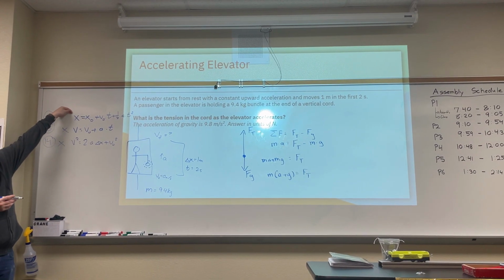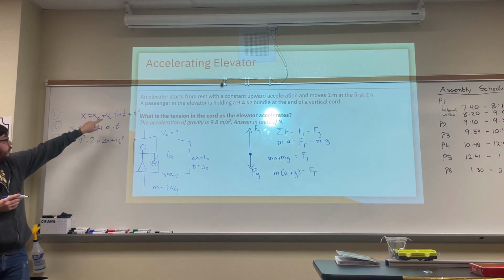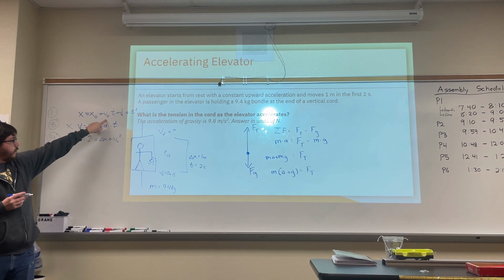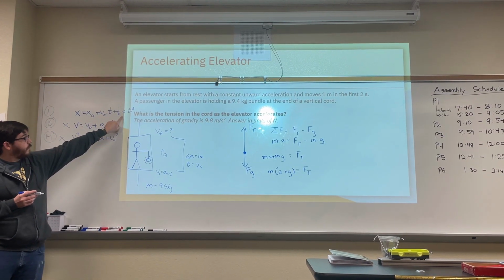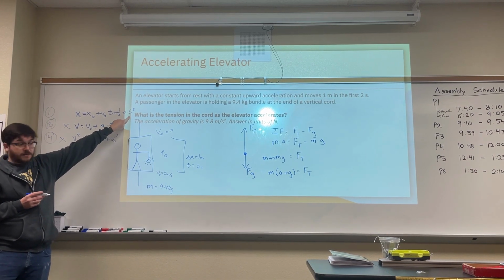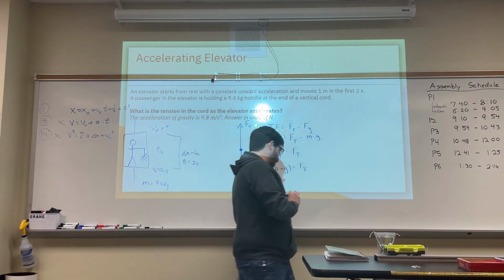We know the final position is 1 meter if the starting position is 0, for a displacement of 1 meter. We know the starting velocity is 0. We know the time is 2 seconds. We know the number 1/2. We're solving for the acceleration. So we can use this equation to solve for our acceleration.